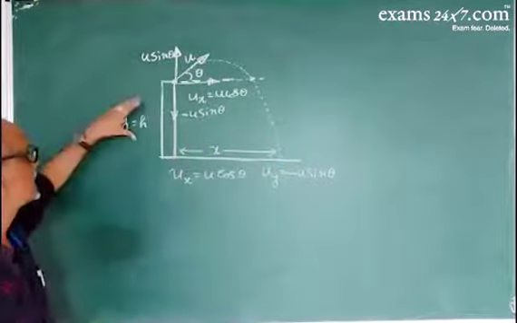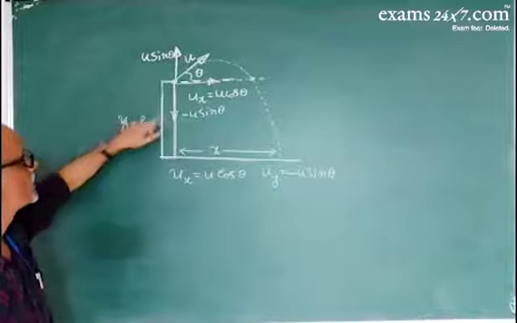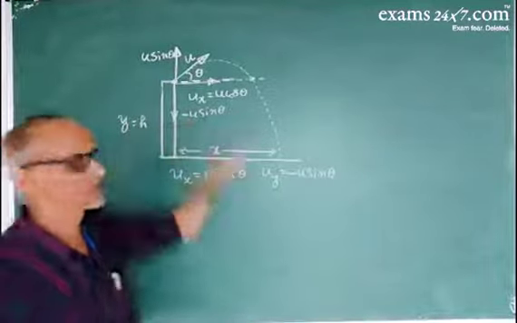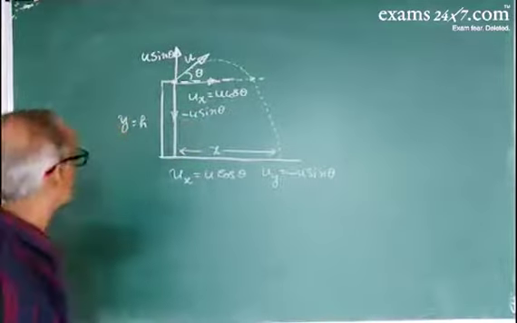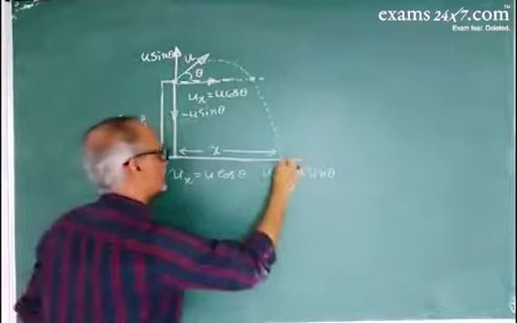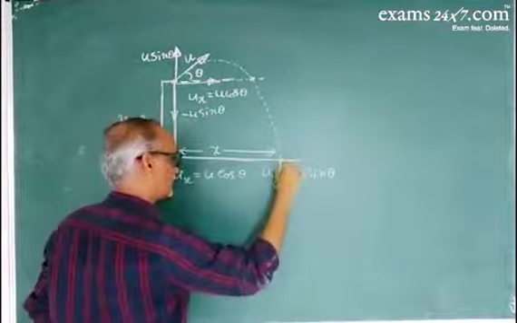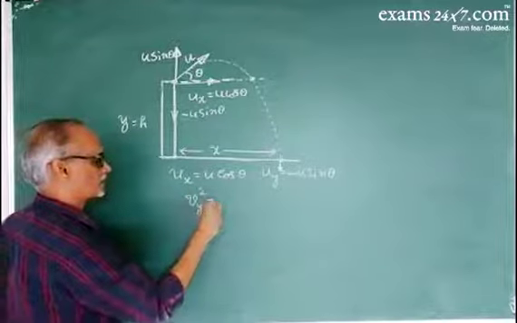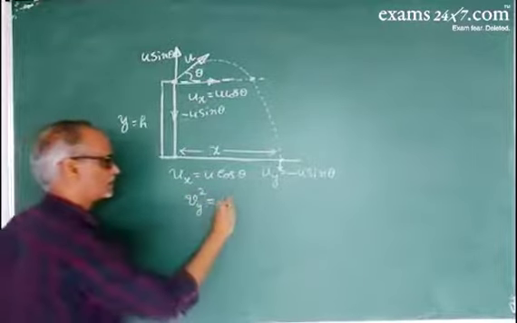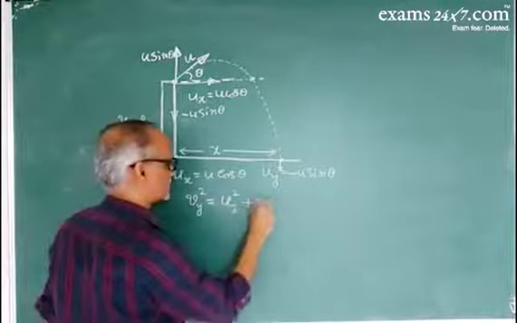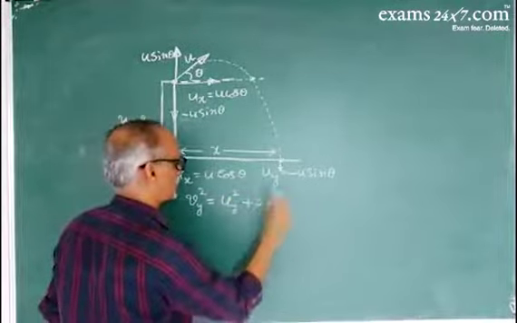To find the height, I'm going to make use of this vertical motion with the initial velocity minus u sin theta. So the final velocity on reaching the ground in the vertical direction is: Vy square is equal to uy square plus 2gh.